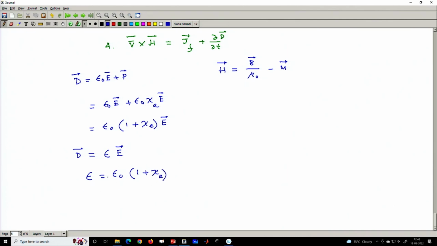This is the way we define the relationship between E and D in terms of epsilon, the permittivity.